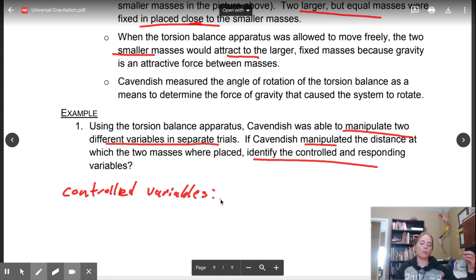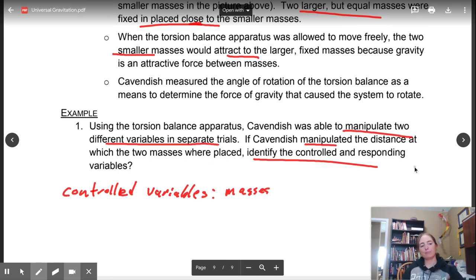Your controlled variables are the things that you keep constant. Well, he kept the masses the same. And if he manipulated the distance, well, that's your manipulated variable, what he's changing.